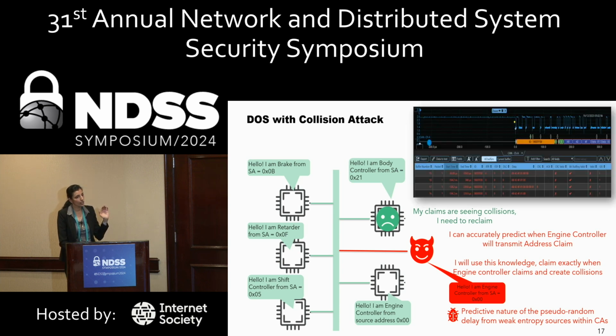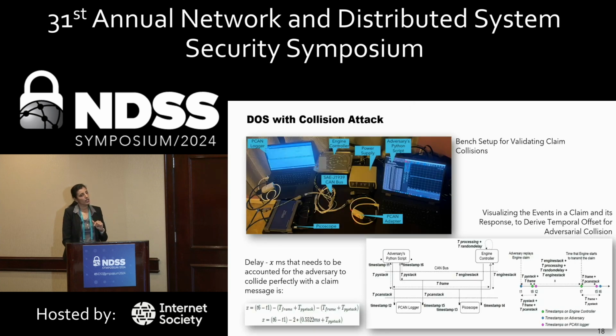participation. We used a PicoScope oscilloscope to confirm that the collisions are working by verifying that the CRC validation is failing on these messages. This attack was actually very difficult to achieve, and this is the bench setup that we used, which consists of an adversary, an engine controller, and a PECAN logger connected via SAE J1939 network at 250 kbps.